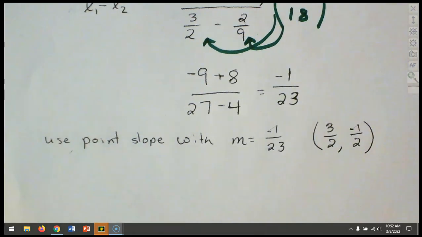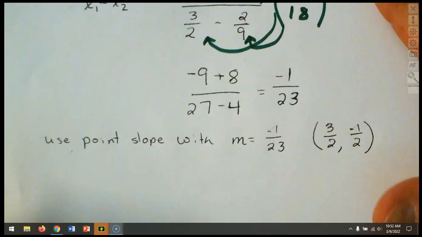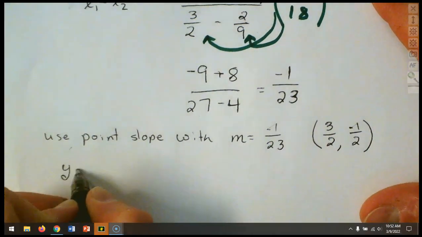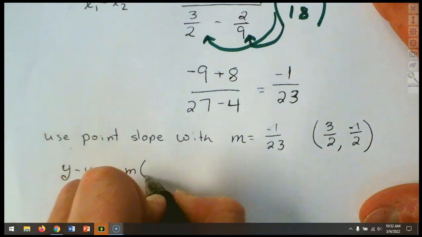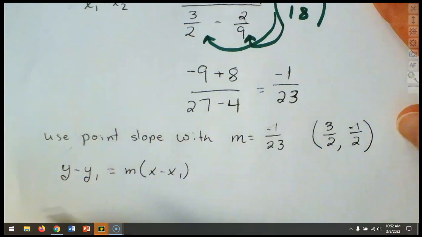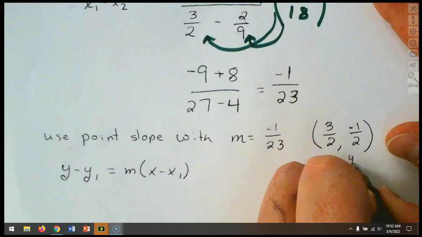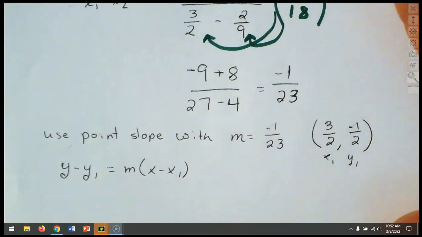So now once you've gotten to here, now we're going to use point slope, and that's y minus y1 equals m times x minus x1, where the point is x1, y1. And we fill it all in.